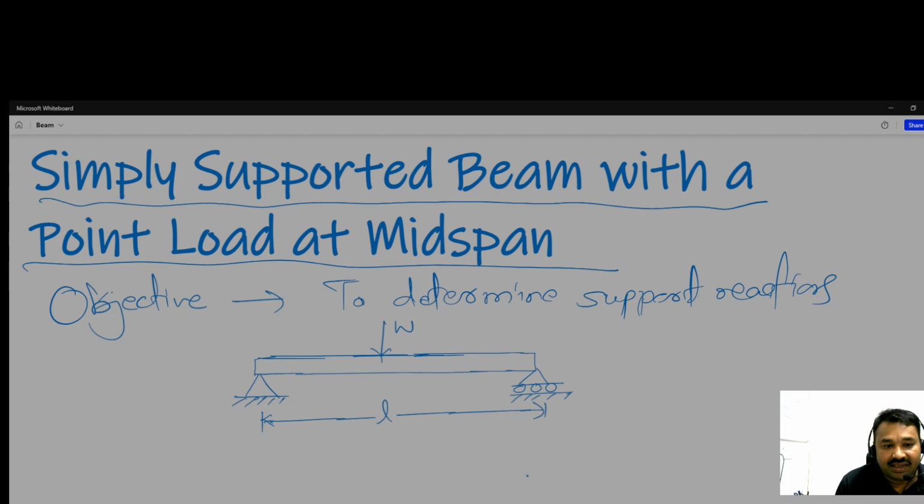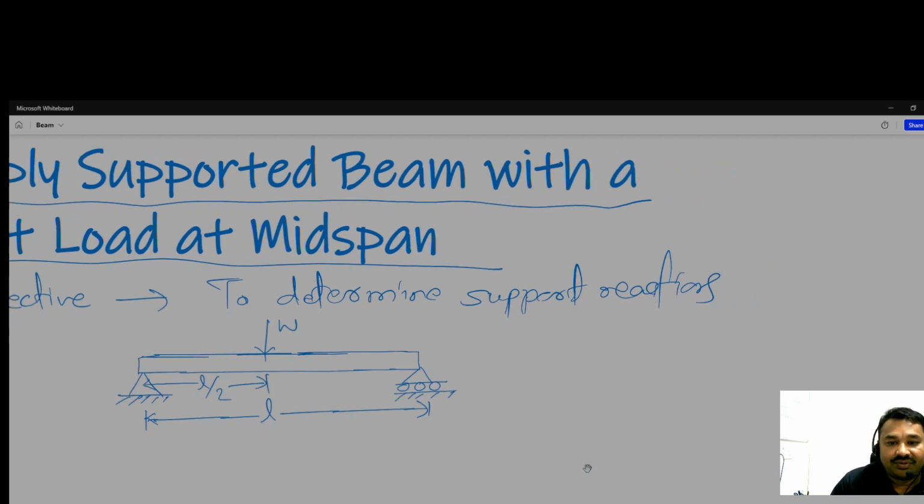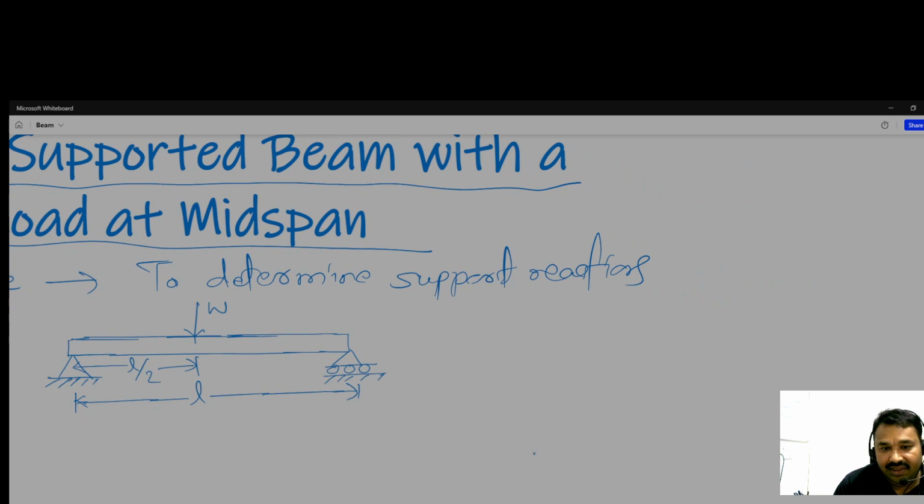So from here to here it is L by 2. Okay, so we have to draw the free body diagram. What you have to do here is remove the supports. This is what the FBD, free body diagram, is. So the supports at ends A and B we have removed.